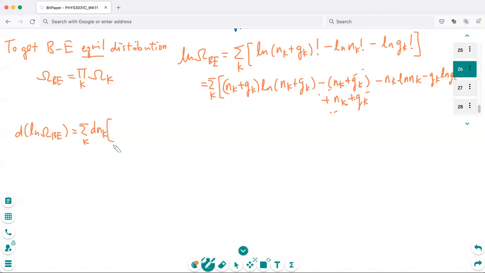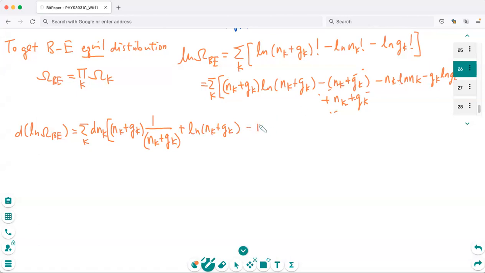Okay, so this one I will have a product rule again. So I have nk plus gk, and log of this will give me another nice cancellation. And then plus now dnk I already pull it out, and plus I will have a log of nk plus gk, and then I differentiate this, I get 1.